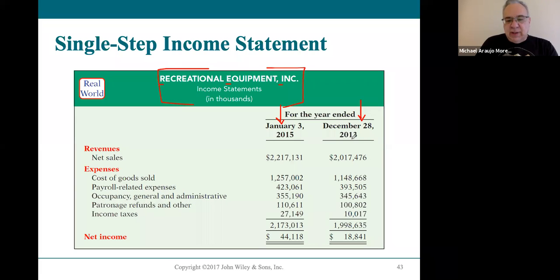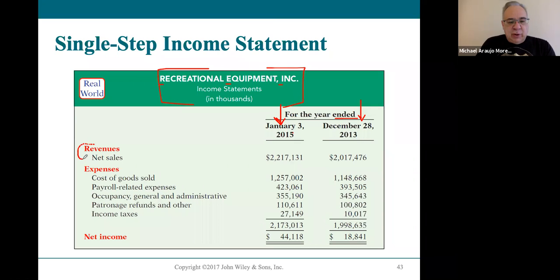The first fiscal year, listed to the far right, ended December 28th of 2013. And the following fiscal year, which you would think would end December 28th, 2014, actually ended January 3rd, 2015, about a week later. But these are back-to-back income statements in essence.